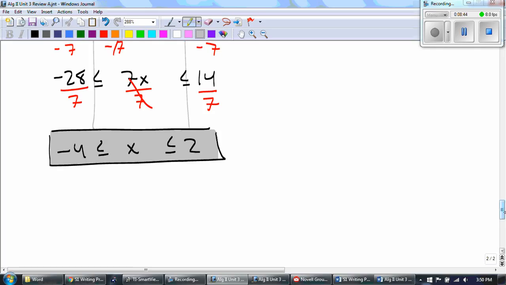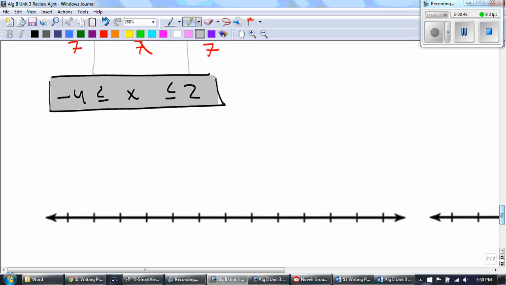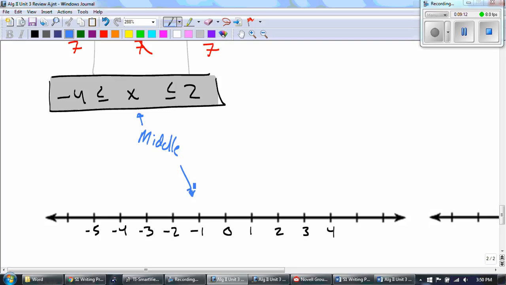Now I'm going to take that and I'm going to graph it. So I'm going to put 0 in the middle-ish. 1, 2, 3, 4, -1, -2, -3, -4. Don't just write it. I want you to notice that the x is in the middle, so I'm going to shade the middle.